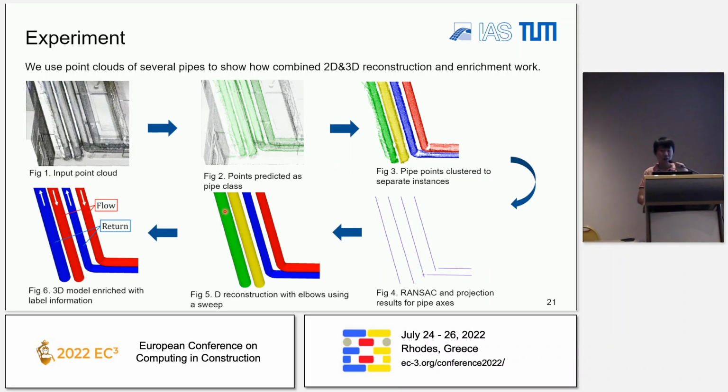Then we add the information extracted by the last step into the final extracted model. We can see the pipe instances, fluid direction, and also text information attached to the pipes.